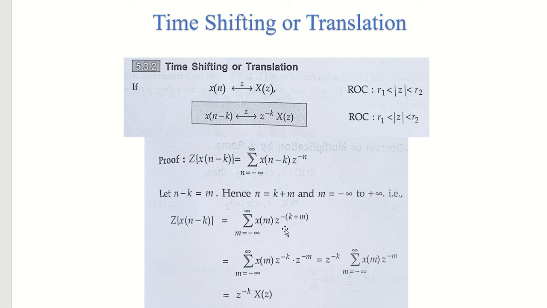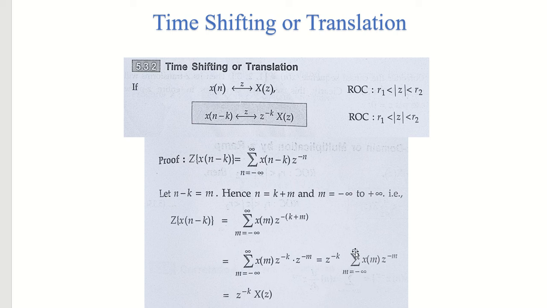Now see, if I break this bracket, can't I write z raised to minus k into z raised to minus m? So we are going to do exactly that, and we can take this z raised to minus k outside the summation, as the summation has nothing to do with z raised to minus k.